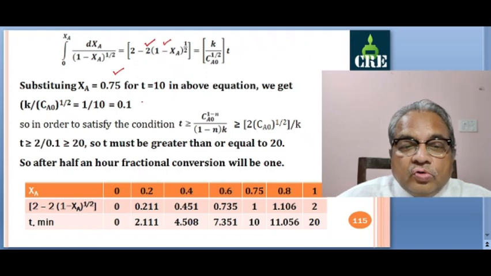So you will get k by C_A0 raised to half is equal to 0.1 simply.